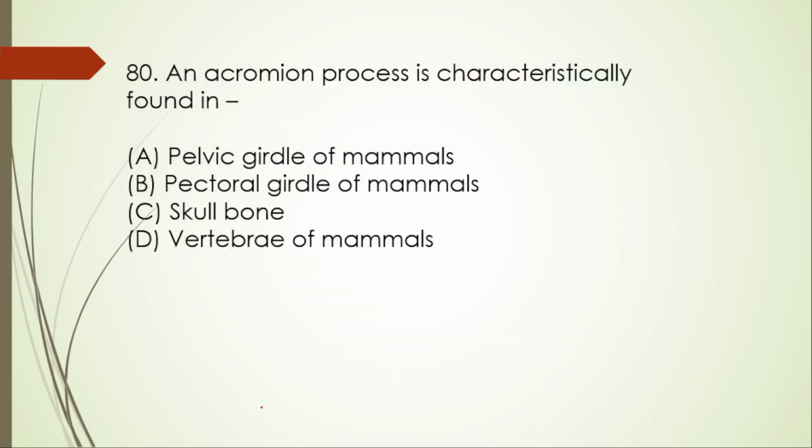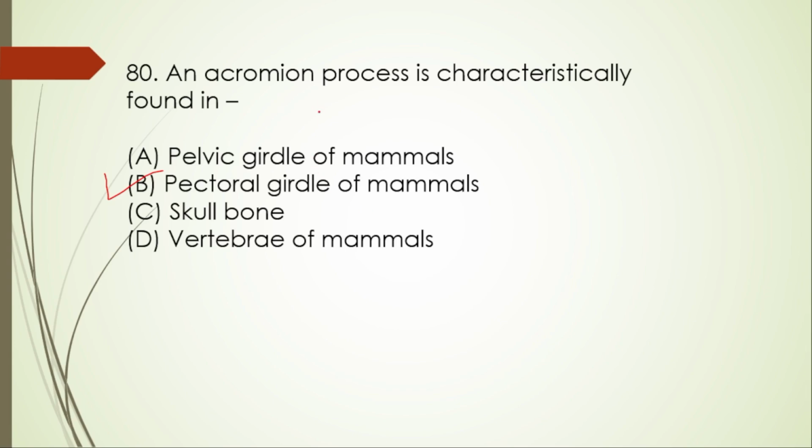Next one, 80th question. An acromion process is characteristically found in pelvic girdle of mammals, pectoral girdle of mammals, skull bone, vertebral column of the mammals. So here the right option is option B, pectoral girdle of mammals.